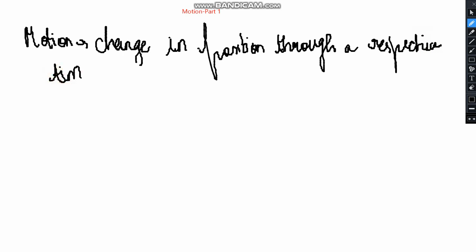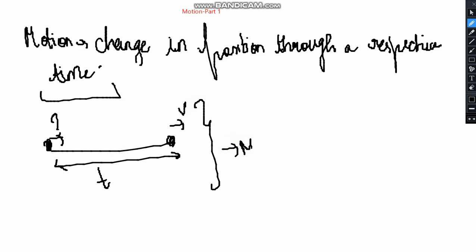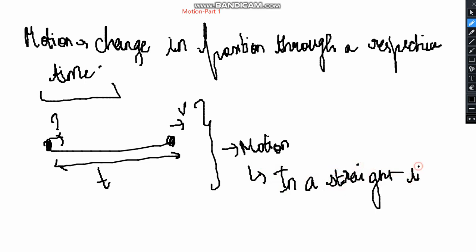That is what motion is. We are going to look at a particle which is moving at some initial velocity, and after some time it moves with some final velocity v through a time t. This is basically motion, and we are going to mainly see motion in a straight line. That is something you're going to worry about, nothing else.